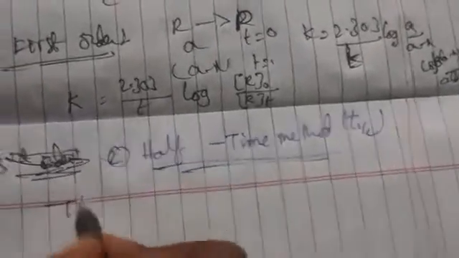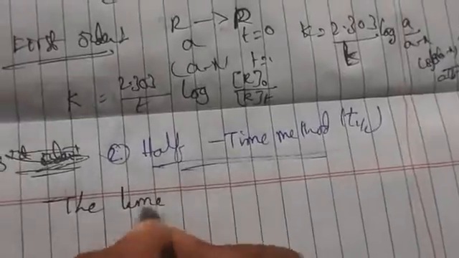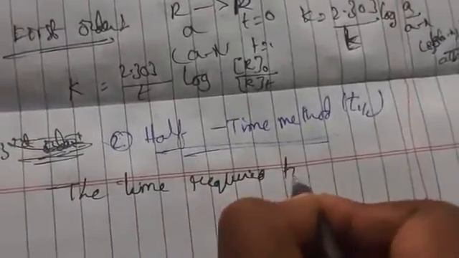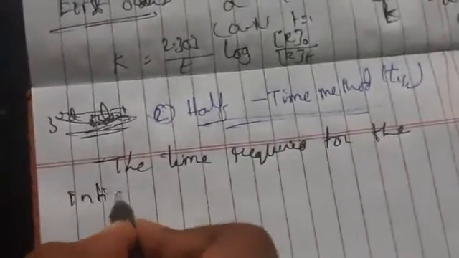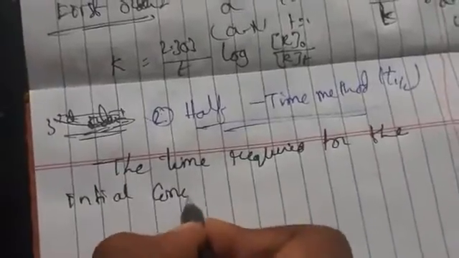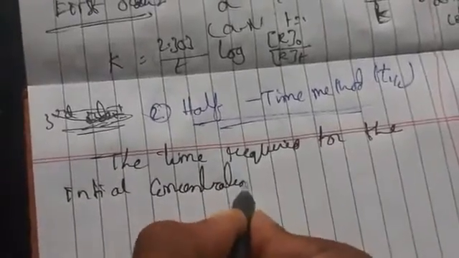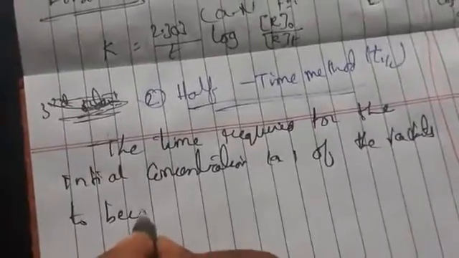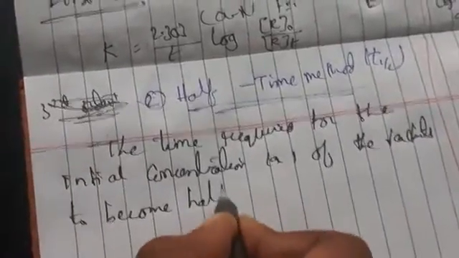What I have told you, the half-time method, is nothing but the time required for the initial concentration A of the reactants to become half of its value.